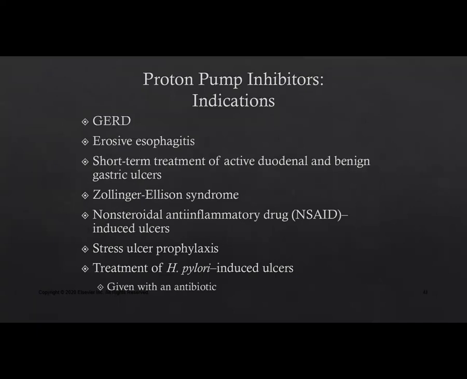It's indicated for GERD, erosive esophagitis, short-term treatment of active duodenal and benign gastric ulcers, Zollinger-Ellison syndrome, NSAID-induced ulcers, stress ulcer prophylaxis, and treatment of H. pylori-induced ulcers. So that's usually given with an antibiotic.